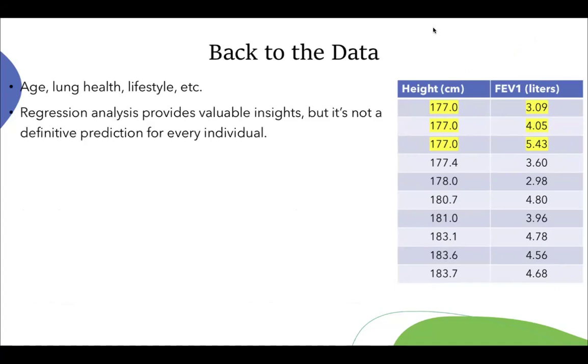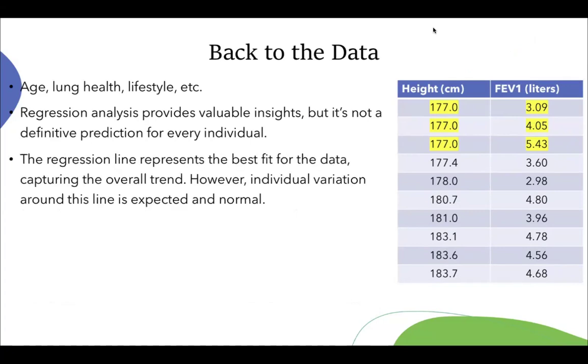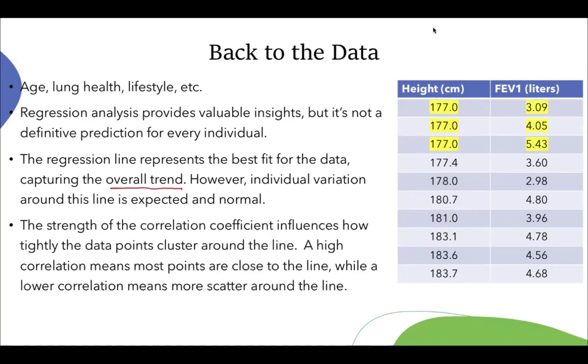So regression analysis provides us valuable insights, but it is not a definitive prediction for every individual. We have to keep in mind that this is just an estimate. The regression line represents the best fit for the data, capturing the overall trend. However, individual variation around this line is expected and normal. The strength of the correlation coefficient influences how tightly the data points cluster around the line.